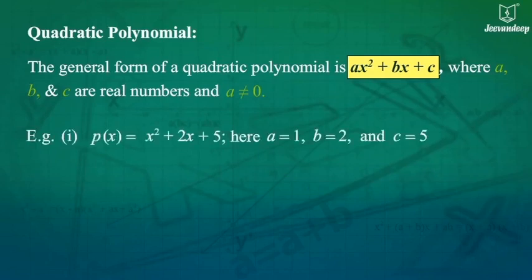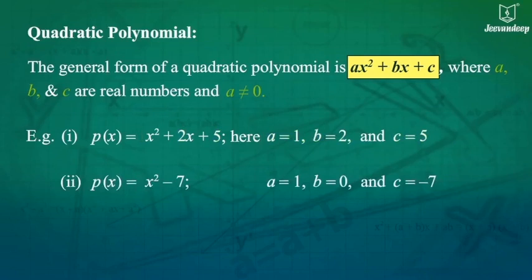For example, the polynomial for variable x equals x square plus 2x plus 5. Here a equals 1, b equals 2 and c equals 5.